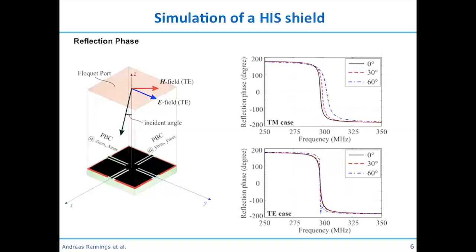As you can imagine, you don't get that in-phase reflection coefficient in a broad range of frequencies. It's frequency dependent. And here in these two plots, we see the frequency dependence of the reflection phase, of the reflection coefficient, in other words. For low frequencies, it's 180 degrees. So then for low frequencies, we really see the backside ground plane. So the field penetrates through the structured metal here, and then we see that.